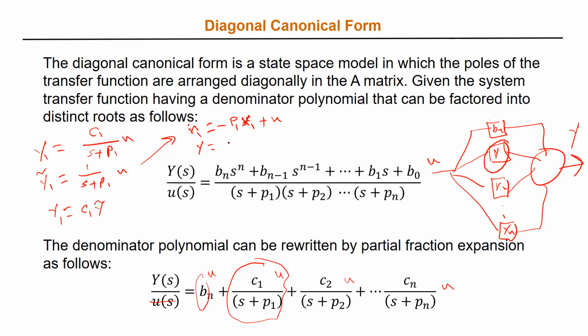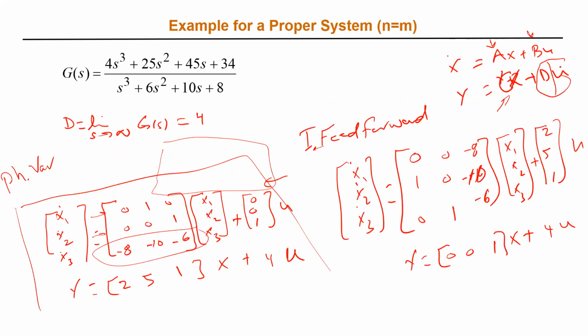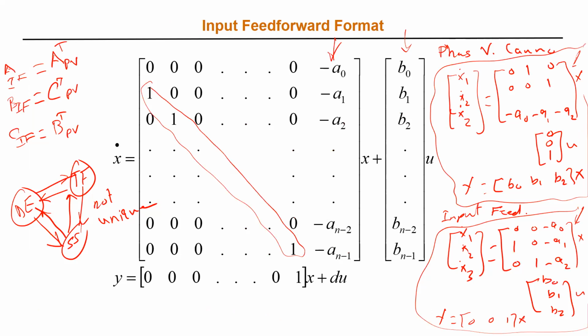So it's going to be C1 times X1. Or basically, go to the general approach which we have done in here.